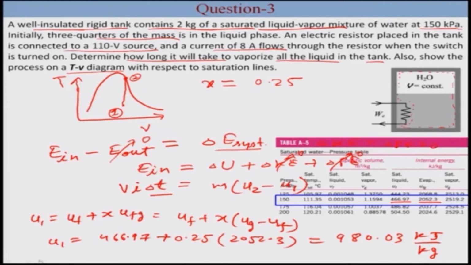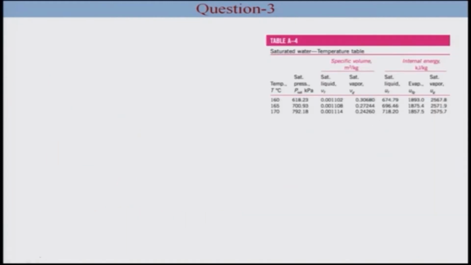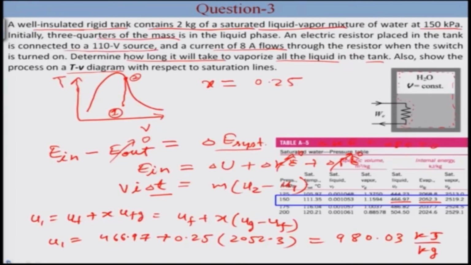The corresponding specific volume can also be calculated as v1 equal to vf plus x times (vg minus vf). vf is given as 0.001053, which is here in this table, this point and this point.